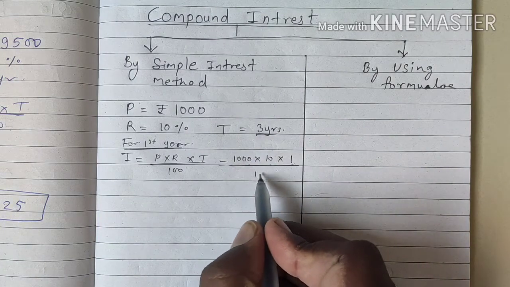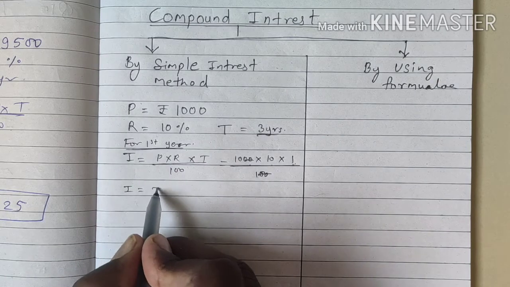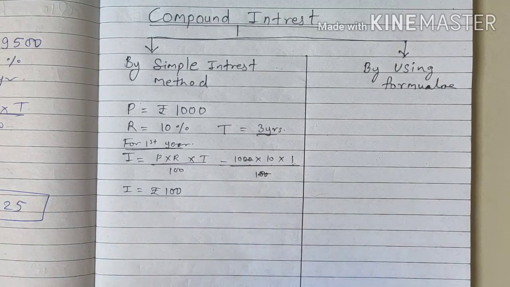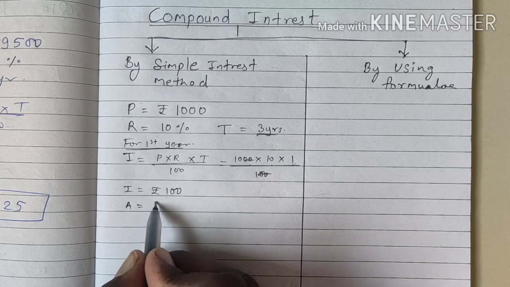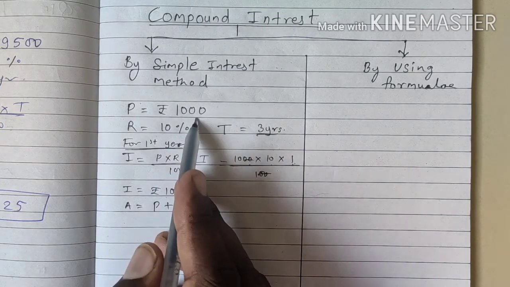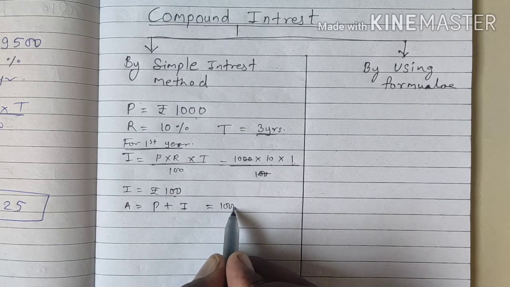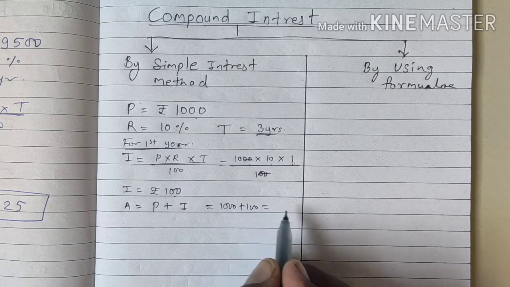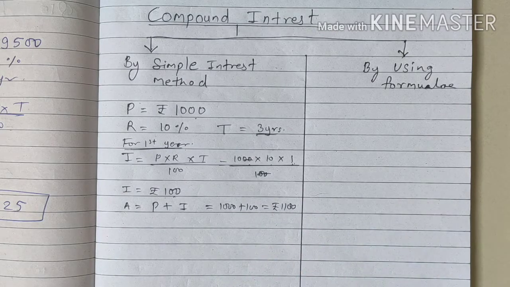So 1000 into 10 into 1 upon 100, the zeros cancel, and the interest is rupees 100. The amount is principal plus interest, 1000 plus 100, which becomes 1100.